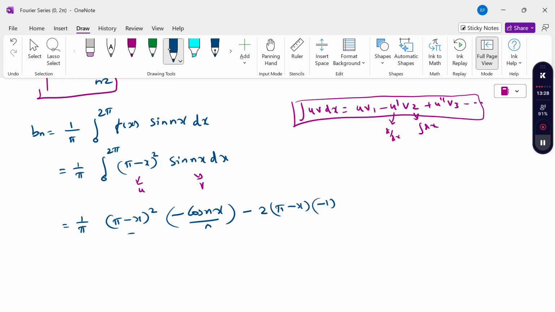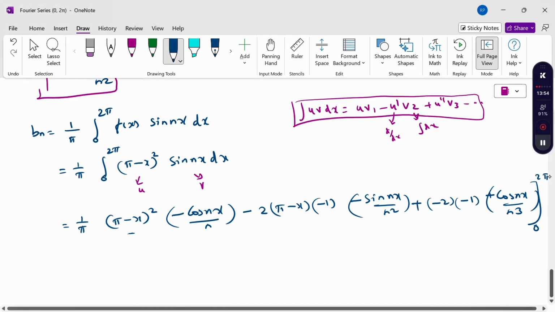So u dash. Again this term integration is minus sin nx by n square. And then plus u double dash. U double dash means 2 into minus 2. This is a minus 2. Then pi minus x differentiation is minus 1. Then minus cos, so plus cos nx by n cube.